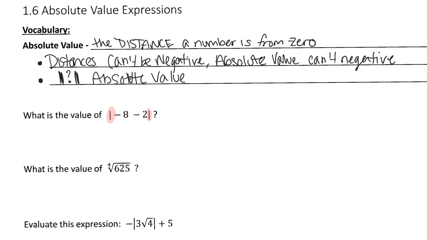We kind of treat these like parentheses, and by that, I mean you always do what's inside the absolute value before you do anything else. So we're talking about a longer expression.